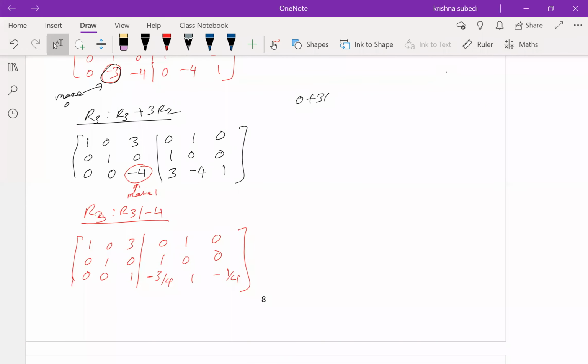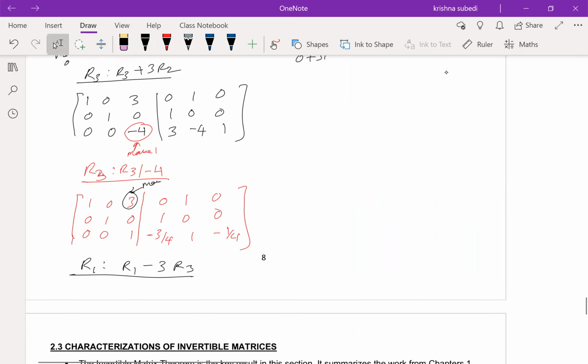We are almost there. Now we need to make this guy 0. R1 minus 3R3. So you're going to get 1, 0, 0; 0, 1, 0. R1 minus 3 means that will be, how much is that?